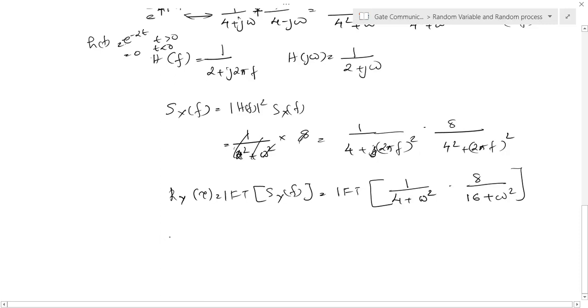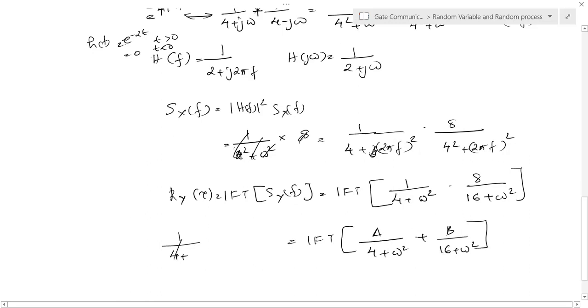So in order to find the inverse Fourier transform, we can write the inverse Fourier transform of a by 4 plus omega square plus b by 16 plus omega square.